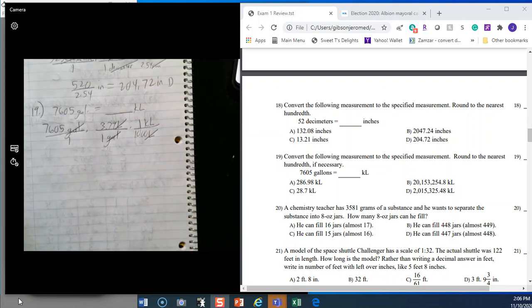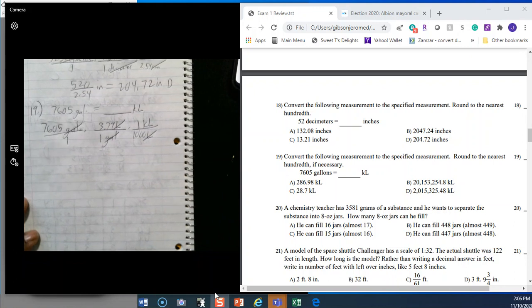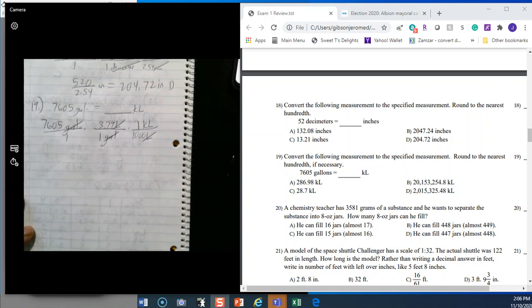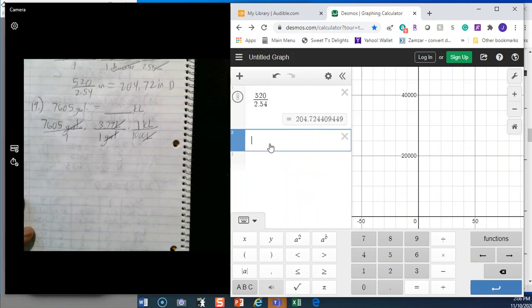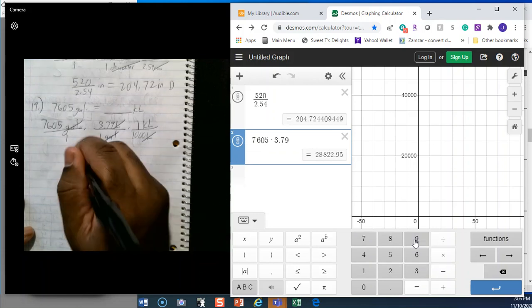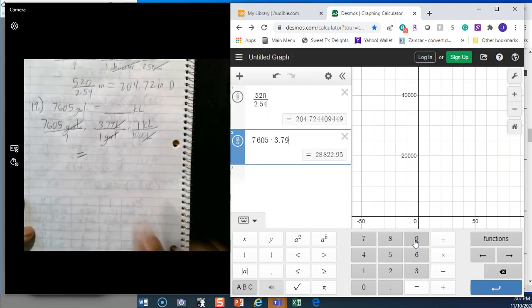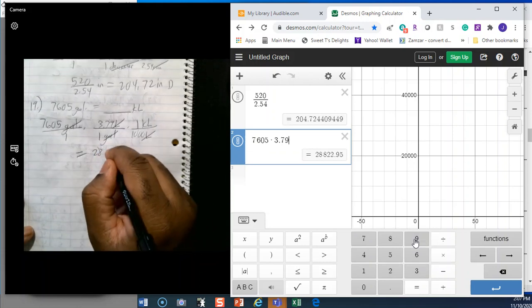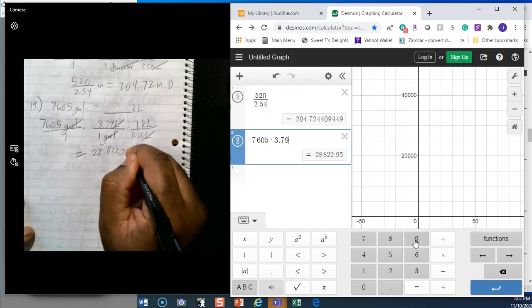So now we have to multiply. Let us get this calculator here. We will have 7,605 times 3.79, and that will give me in the numerator 28,822.95.